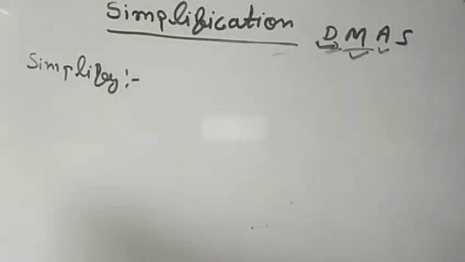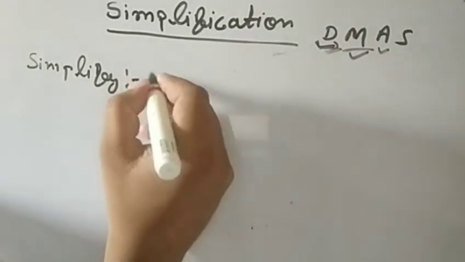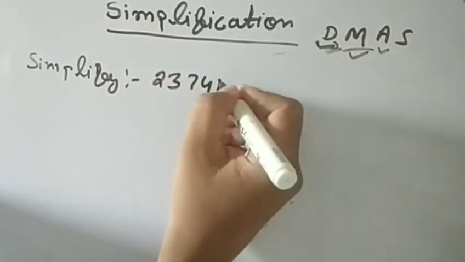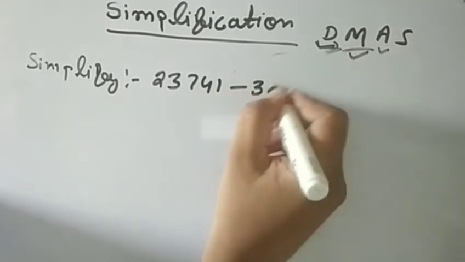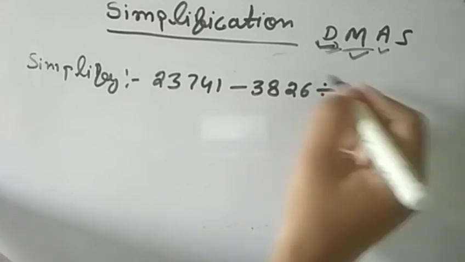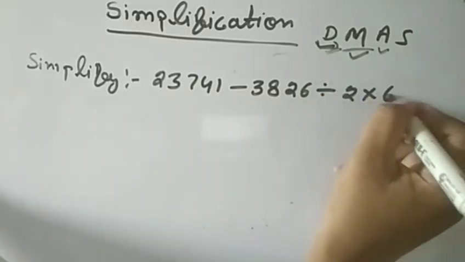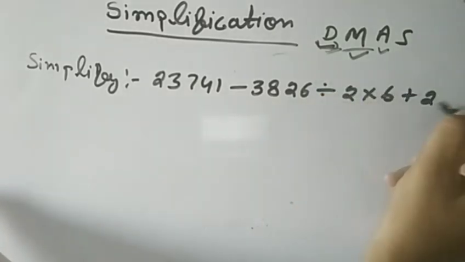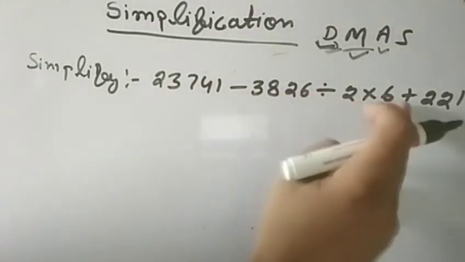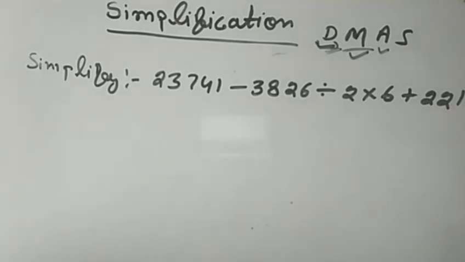So let us take one more example with some bigger numbers: 23741 minus 3826 divided by 2 into 6 plus 221. So it also involves four operations. The rule is again the same.